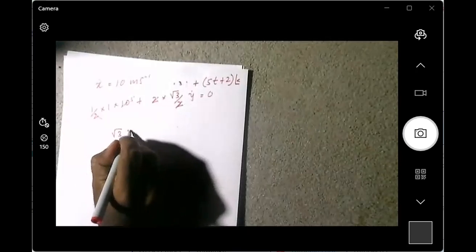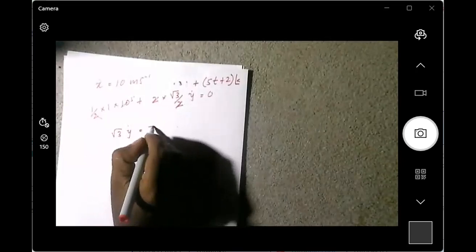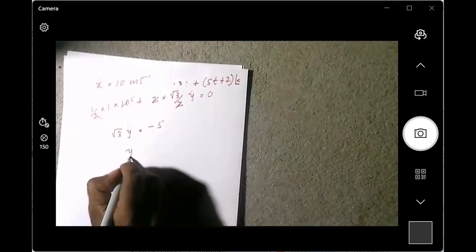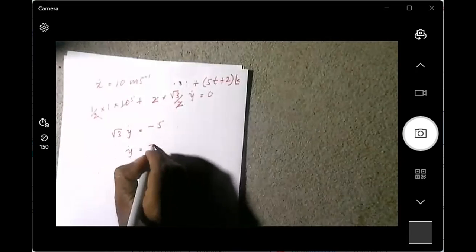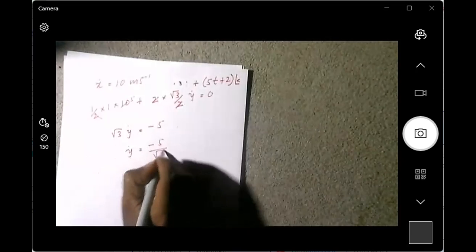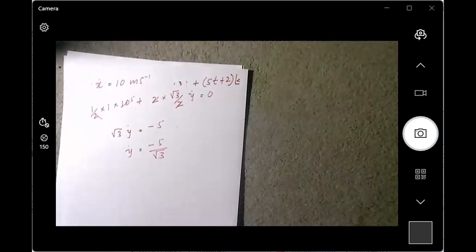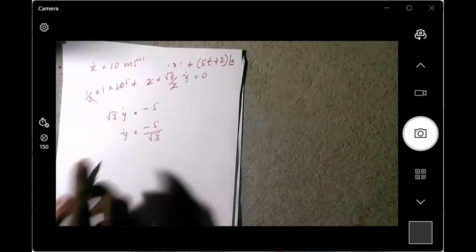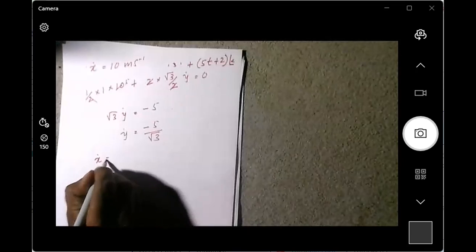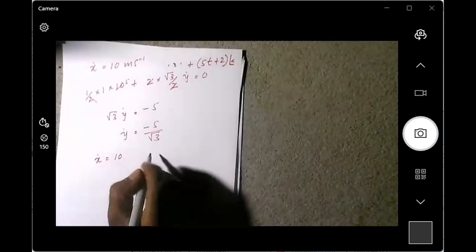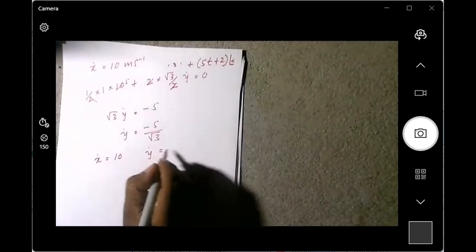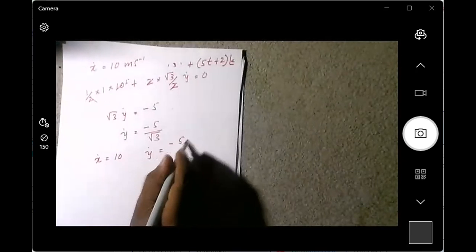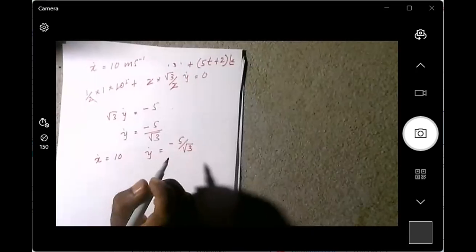Root 3 y dot is equal to minus 5. Y dot is minus 5 over root 3. Now we have the velocity x dot as 10 and y dot as minus 5 over root 3.